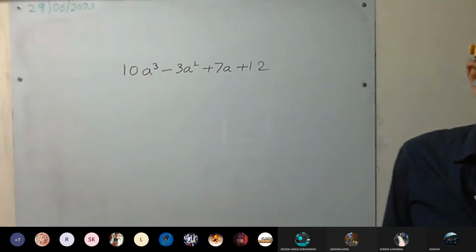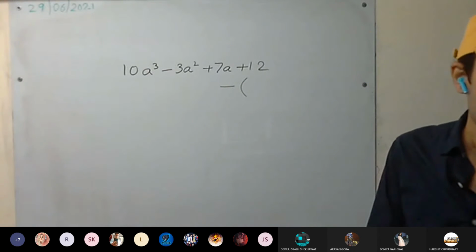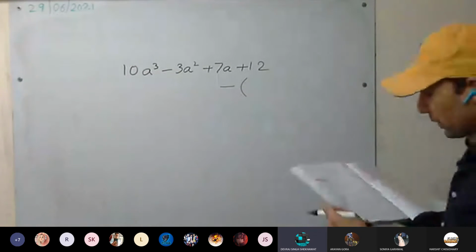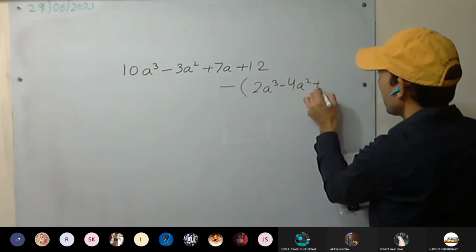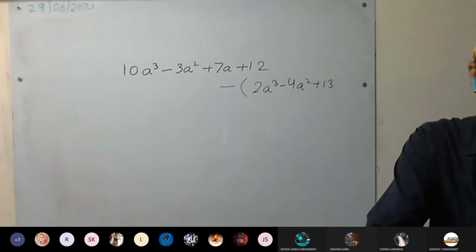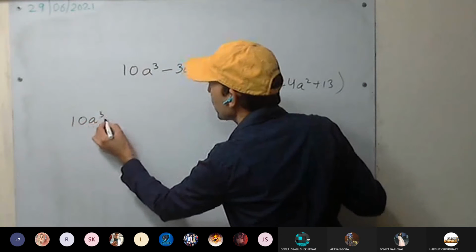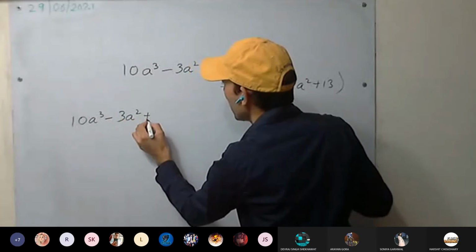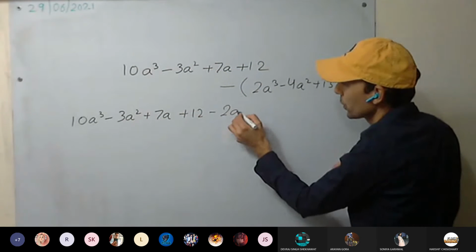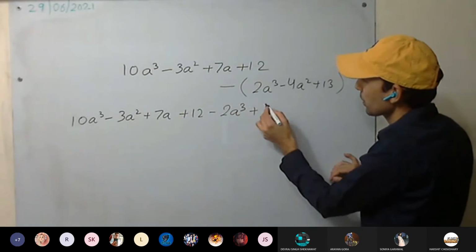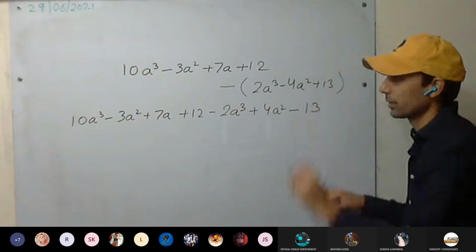From this, we have to subtract 2a cube minus 4a square plus 13. So 10a cube minus 3a square plus 7a plus 12 minus 2a cube plus 4a square minus 13.